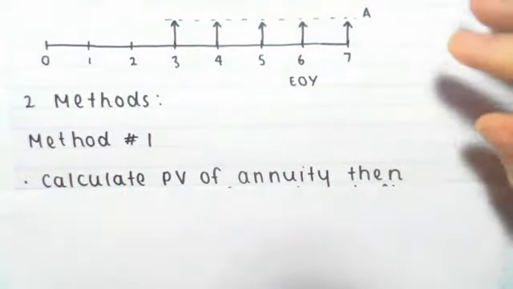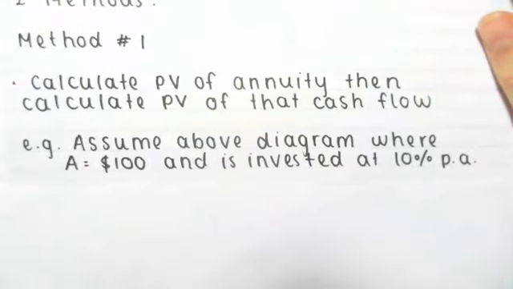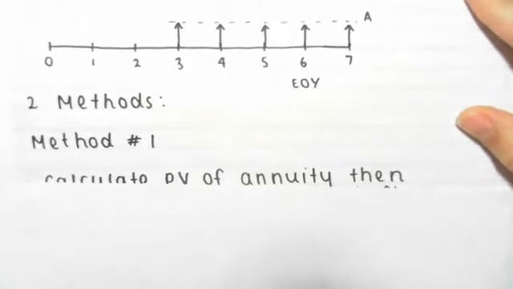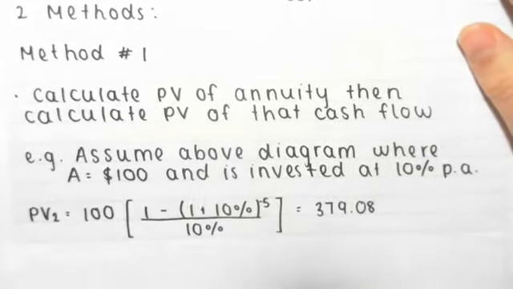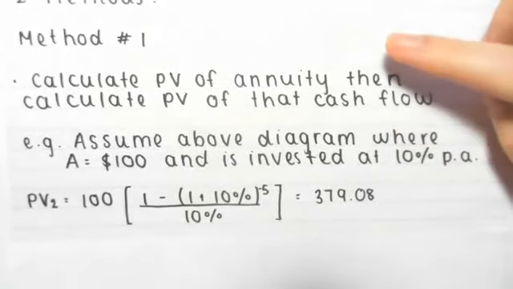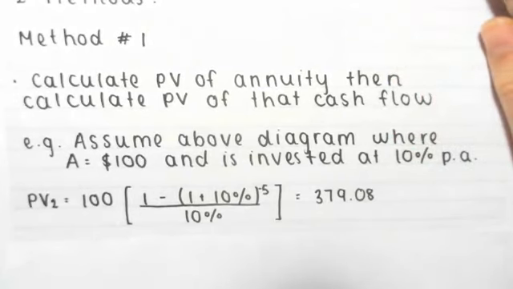If we take this and assign some numbers to it, assume we had a $100 annuity and it's invested at 10% per annum. Now remember, these cash flows are at the end of each year, so 10% per annum is fine. We don't have to worry about that. So putting it into this formula first, we have $100, 5 cash flows, 10%, so we get $379.08.